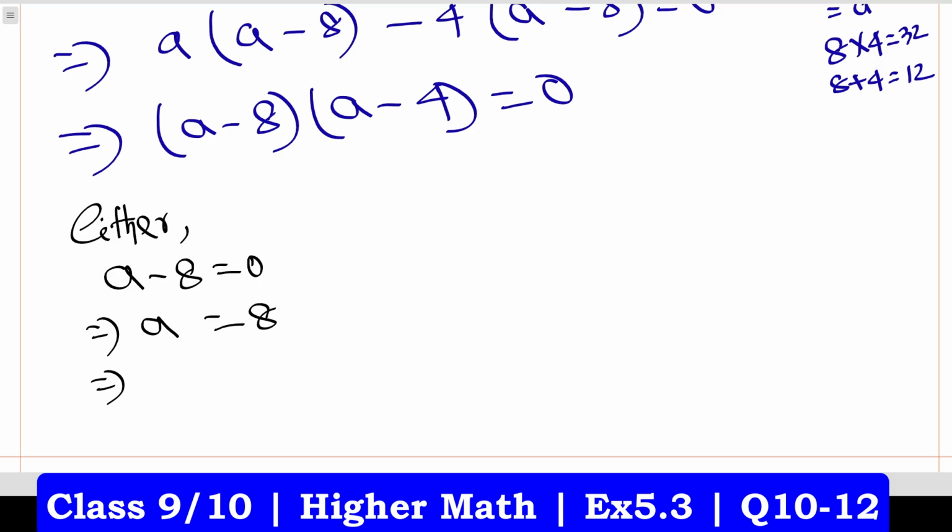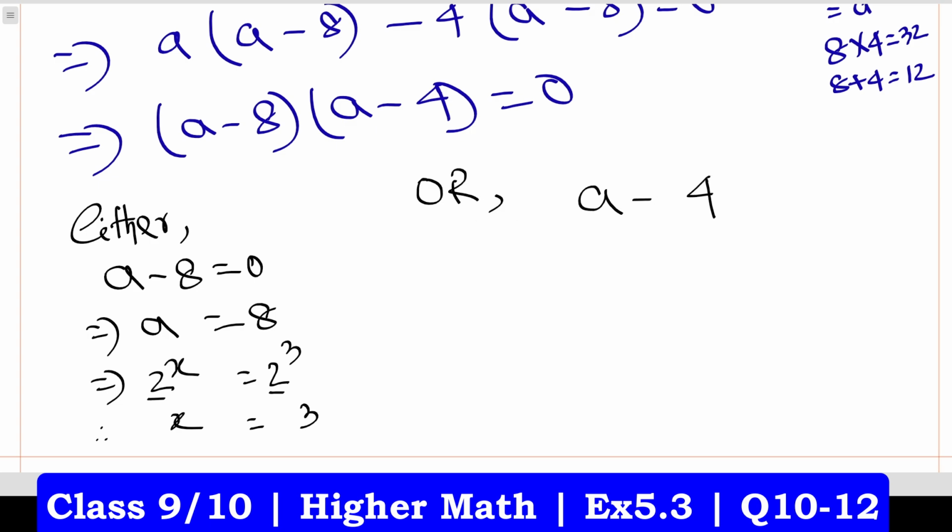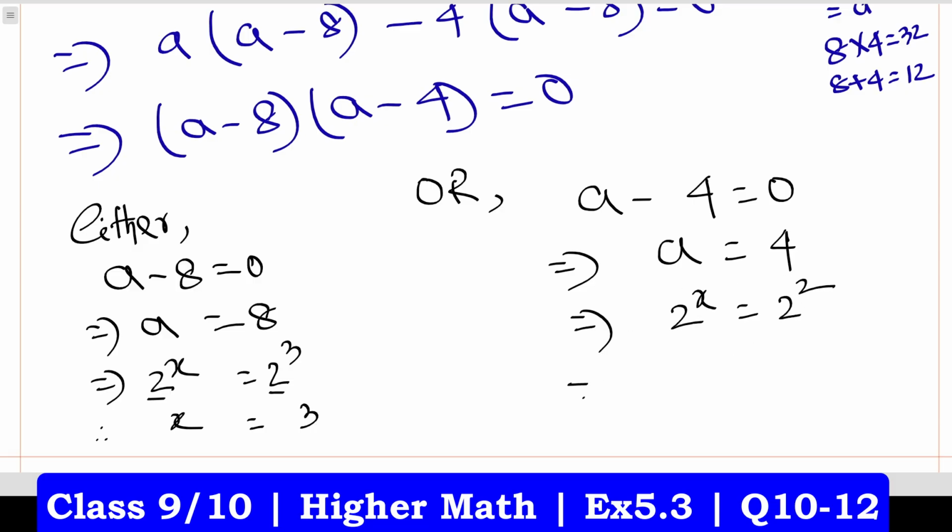A means what? A means 2 to the power x. So here is 2 to the power x, and 8 can be written as 2 to the power 3. So we can write x equals 3 because the bases are the same. In this case the powers will be equal. Or a minus 4 equals 0, a equals 4, a means 2 to the power x, 4 means 2 square. So here x equals 2.